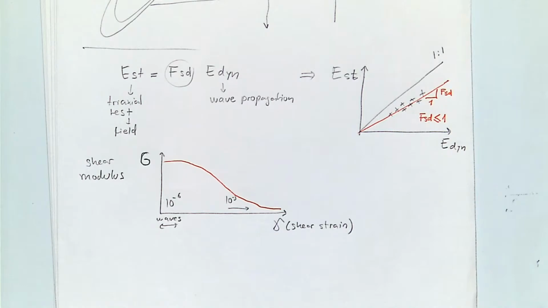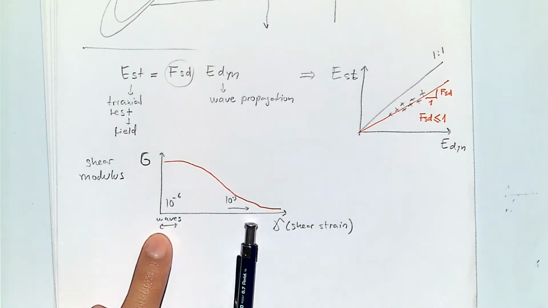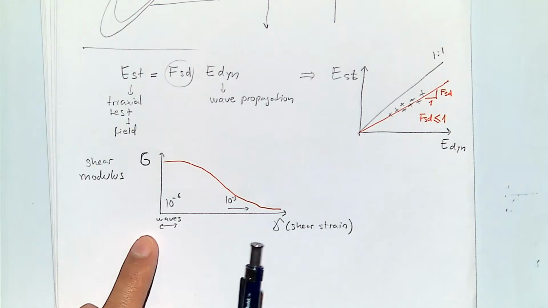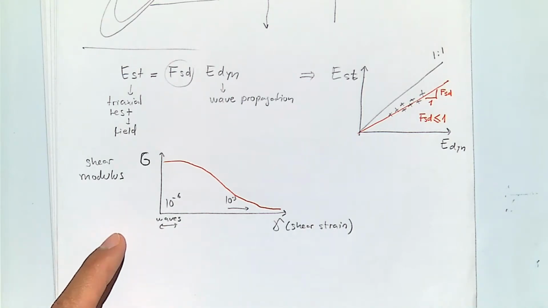So that's one of the reasons why the shear modulus tends to be lower at large strains than at small strains. Very small strain, high modulus; large strain, lower modulus.